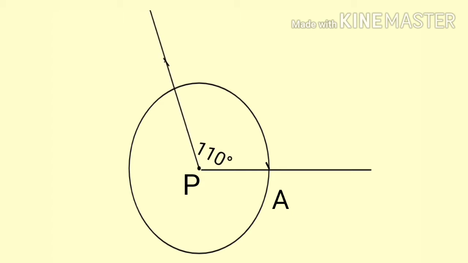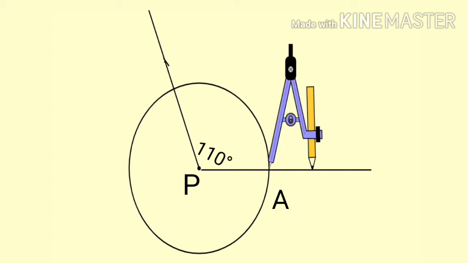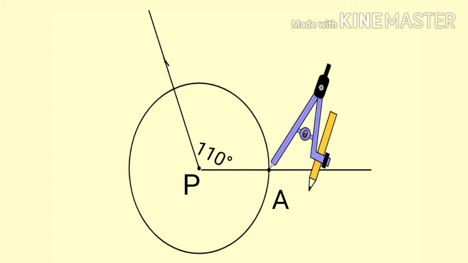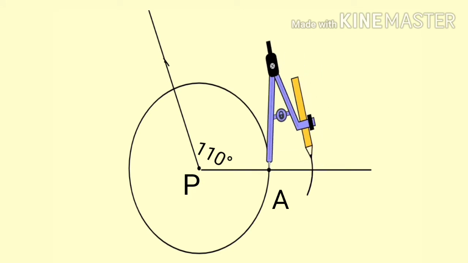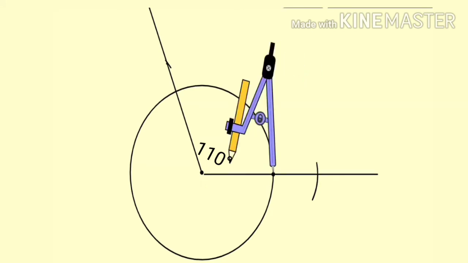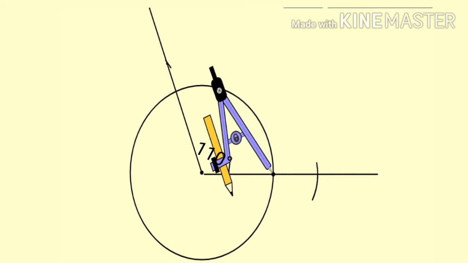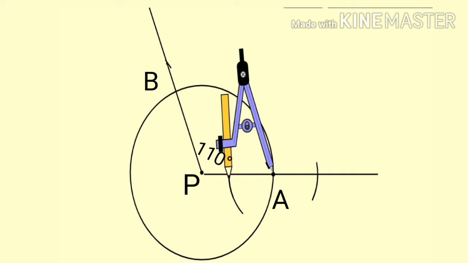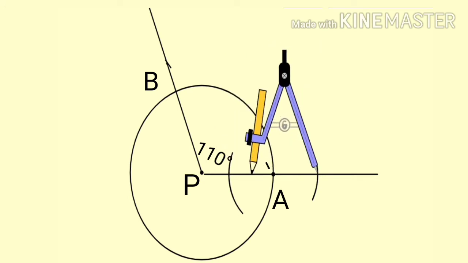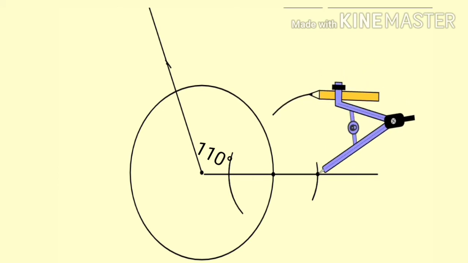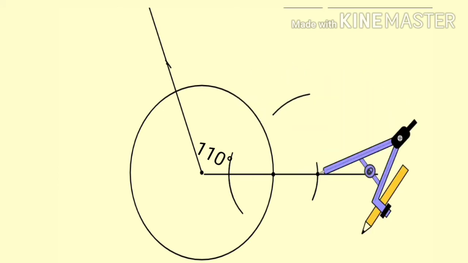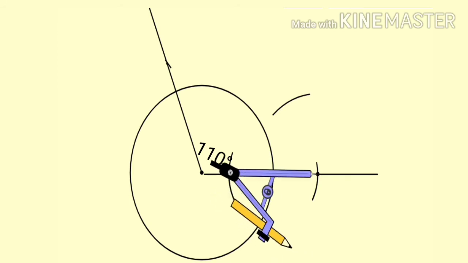Now, with the help of the compass, keep the sharp end of the compass on A and make arcs on both sides of PA. Now, take more than half distance between the arcs and make arcs above and below the circle from the previous arcs.